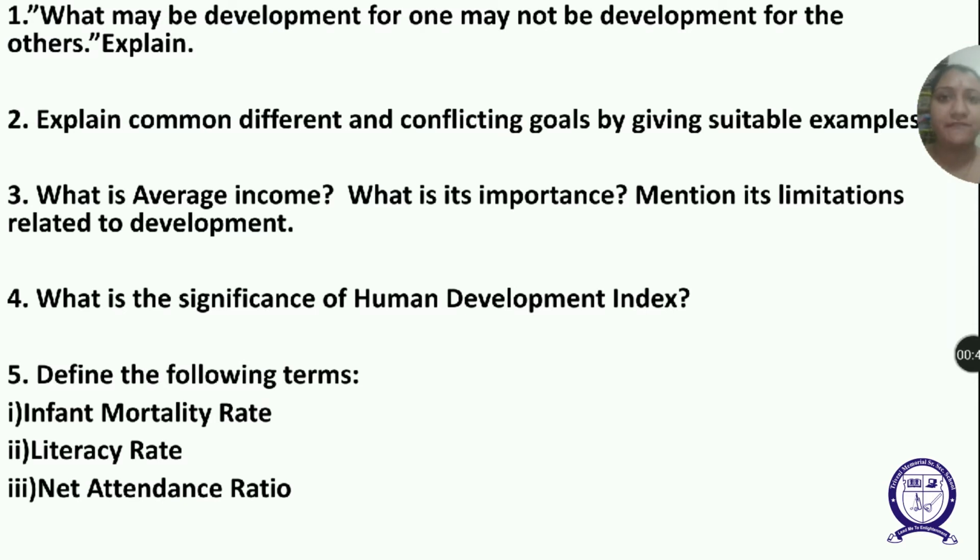Because life situations of persons are different, people seek things that are most important for them. These things can fulfill their aspirations, desires and needs. So certainly different persons can have different development goals. For example, a landless agricultural laborer may want more days of work and better wages.